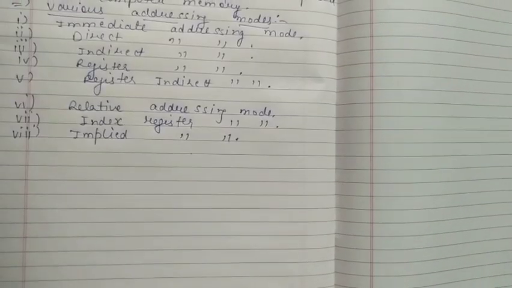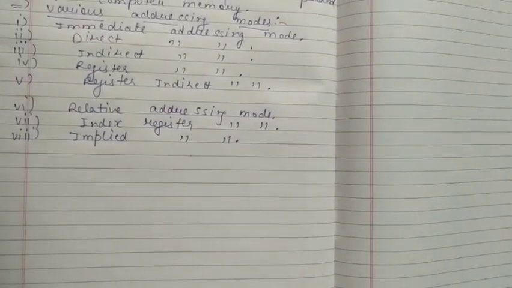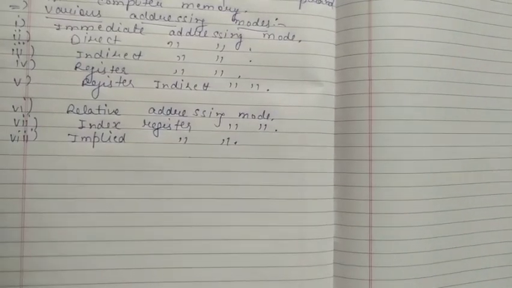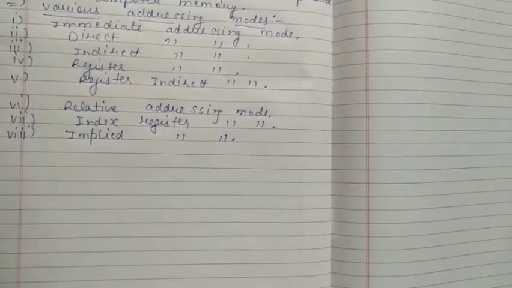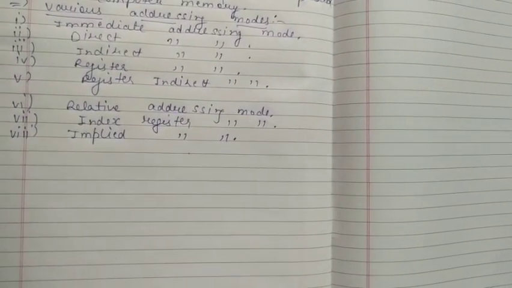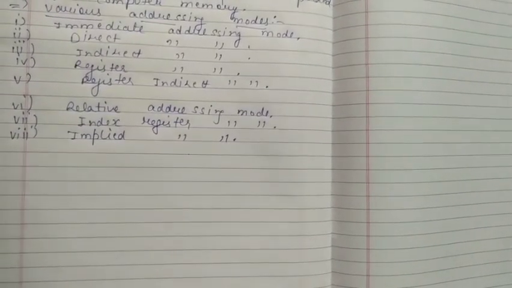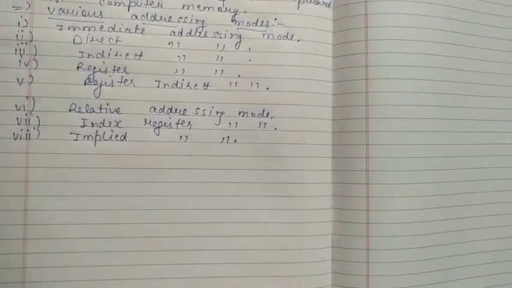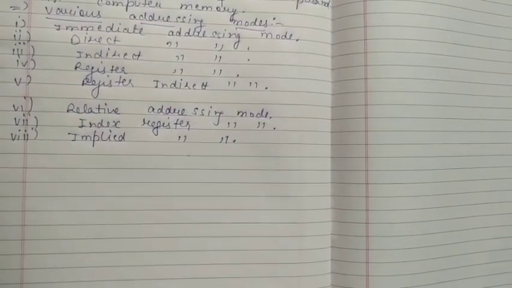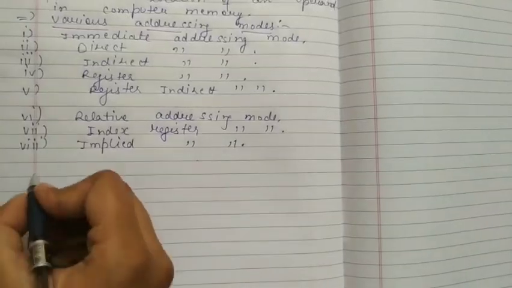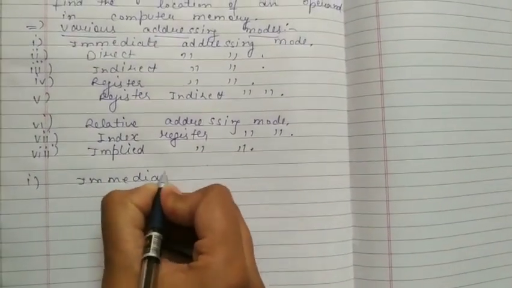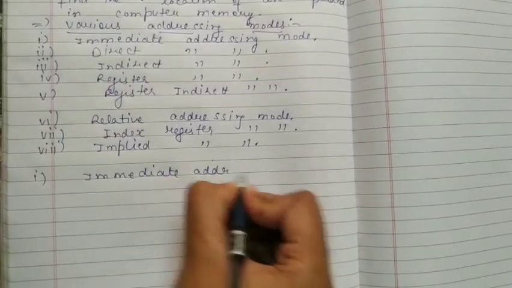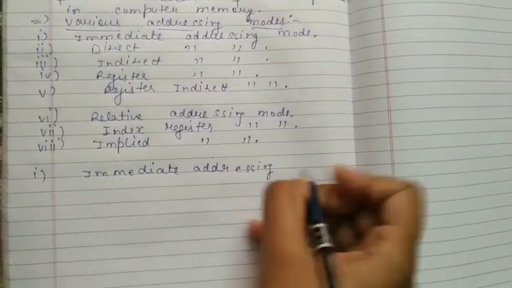These are the different addressing modes present in our computer architecture systems. On the basis of these addressing modes, we can find the address of an operand in our computer memory. So first of all, our first addressing mode is the immediate addressing mode.